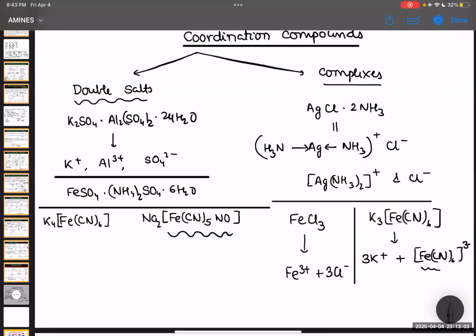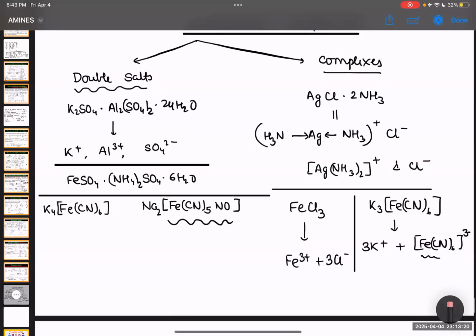Okay, there is a sodium nitroprusside test also for the detection of sulfide. Got it? So this is heteroleptic and homoleptic, that you know already. And now the types of ligand.